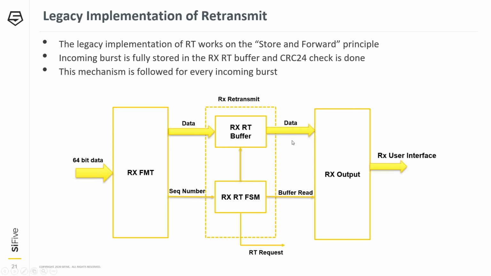If a particular burst does not pass the CRC check, that burst is not passed forward onto the RX user interface, it is dropped within the RX buffer, and a retransmit request is raised. Unless and until we receive this errored burst again, all the subsequent bursts are dropped.